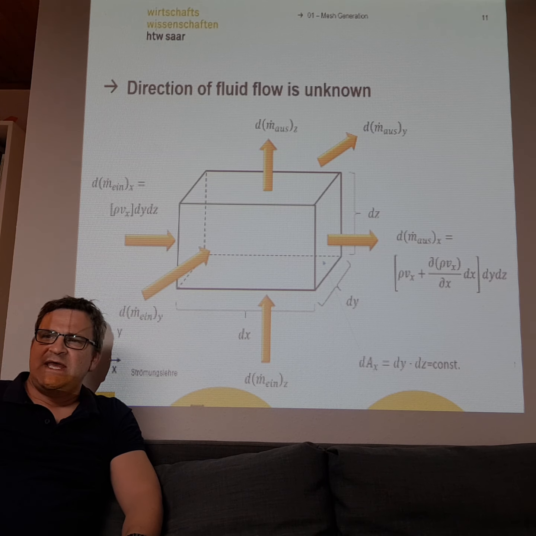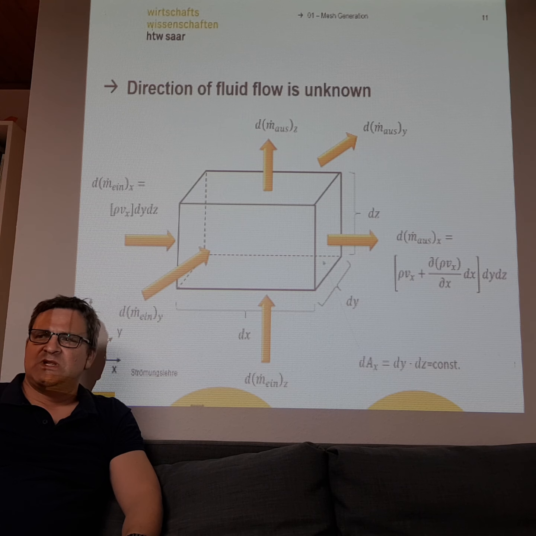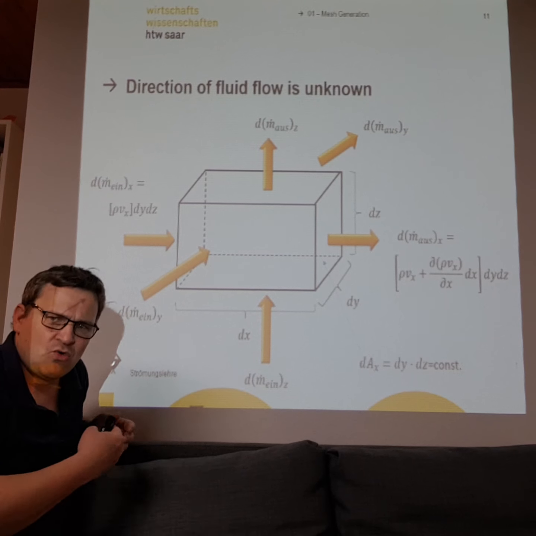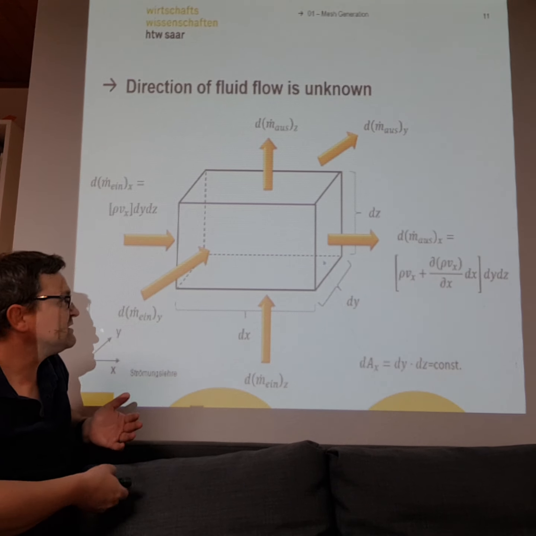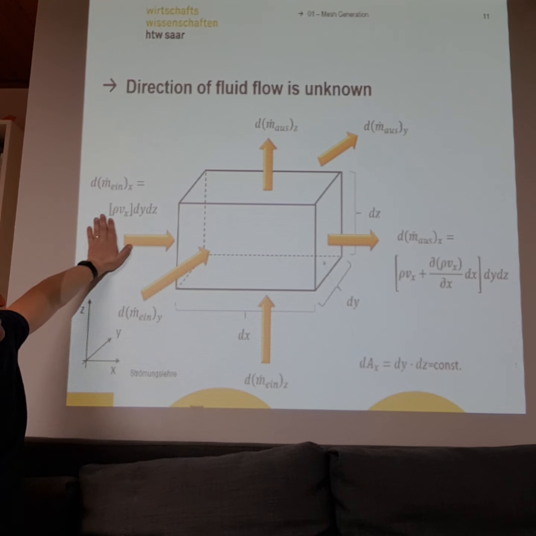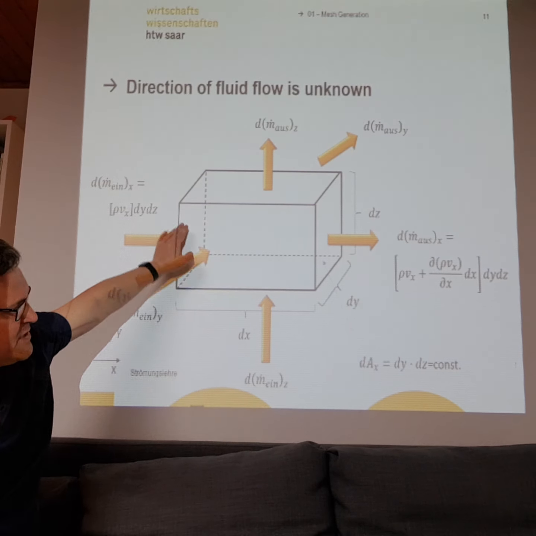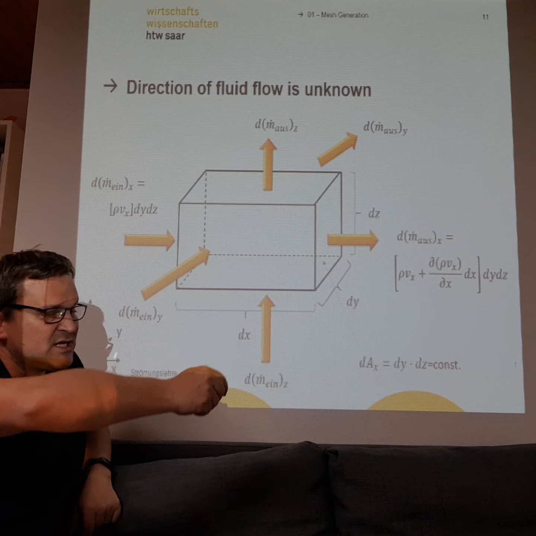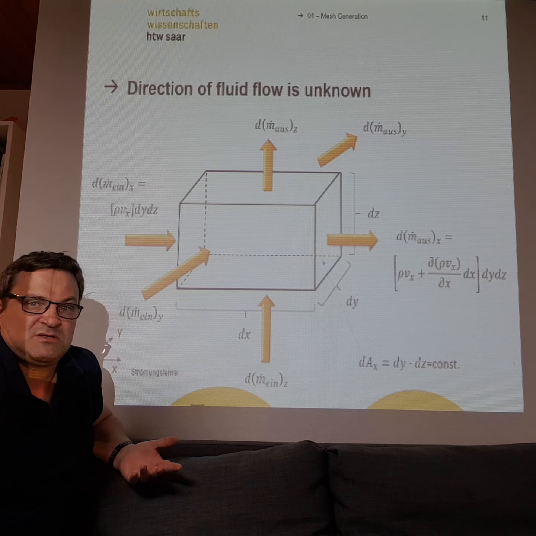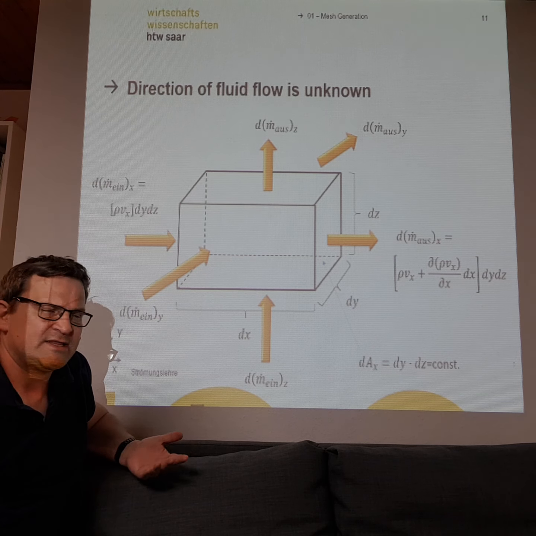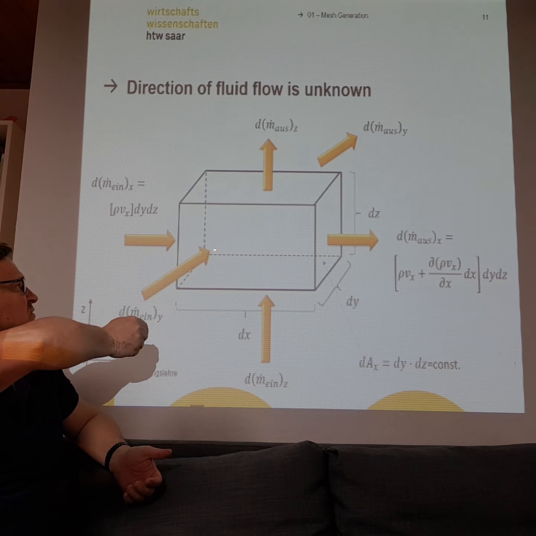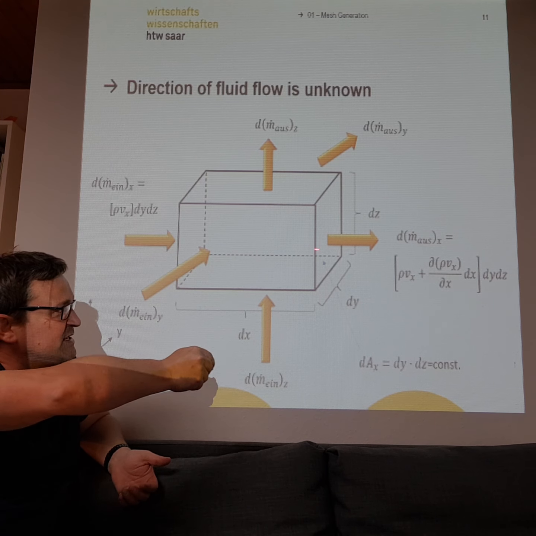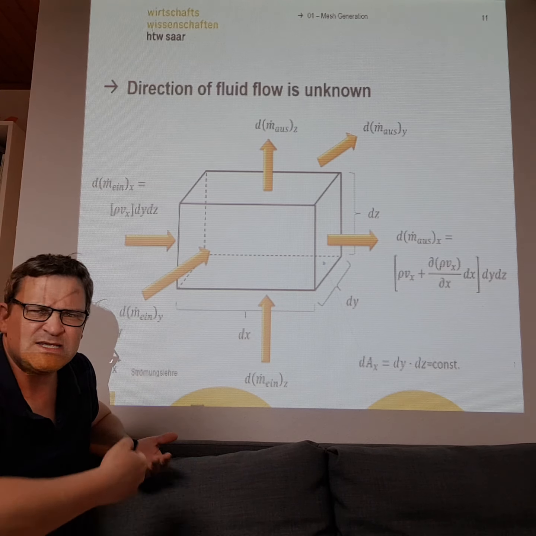And there's another problem I want to mention: you never know where the fluid exits. If the fluid comes from this side, all the mass flow will go through this block and come outside here. It's a really simple simulation. If I have a mass flow of 5 kilograms from this side and it can only exit here, it's easy.